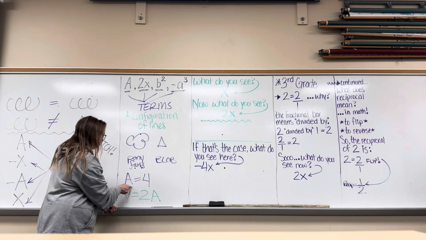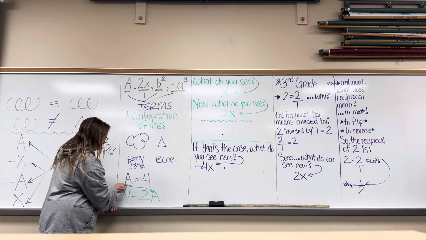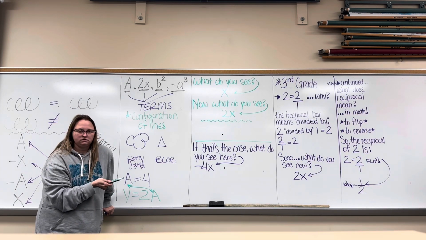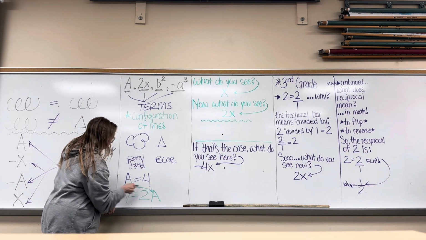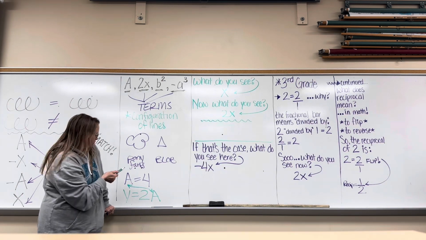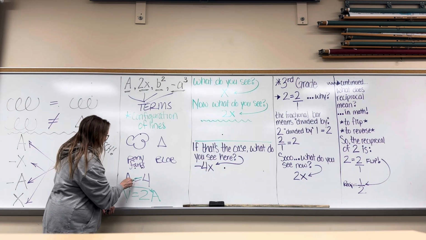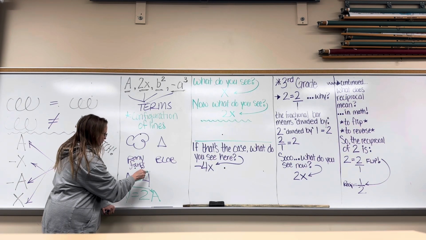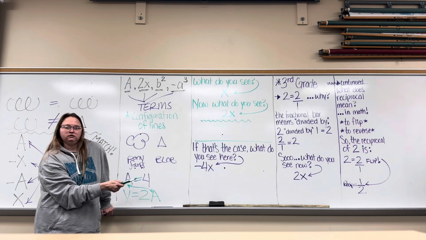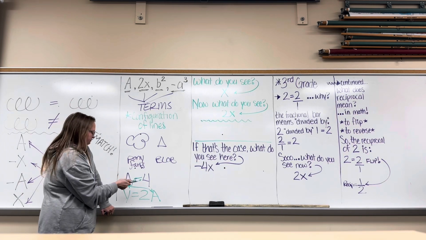The same configuration of lines, right? It's the same configuration of lines. 3 lines, 1, 2, 3, 1, 2, 3. It's a term. So you can equate it to the number 4. This is the substitution property in math, okay?